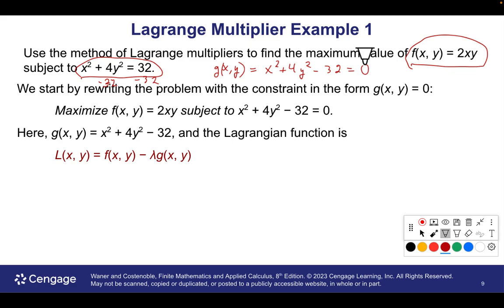It's just the first function minus the second one times some kind of number. So we put in f of x, y, which is 2xy. This is L of x, y. We're just creating a new function. There's some lambda times x squared plus 4y squared minus 32.